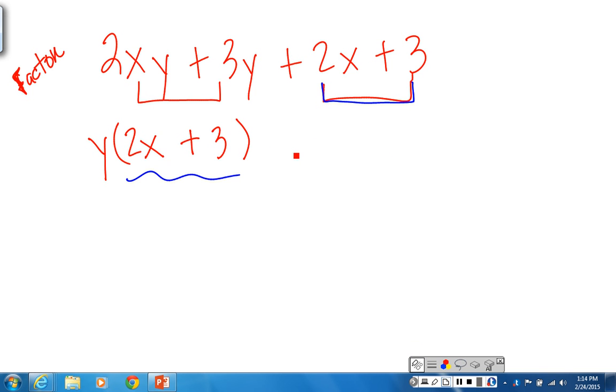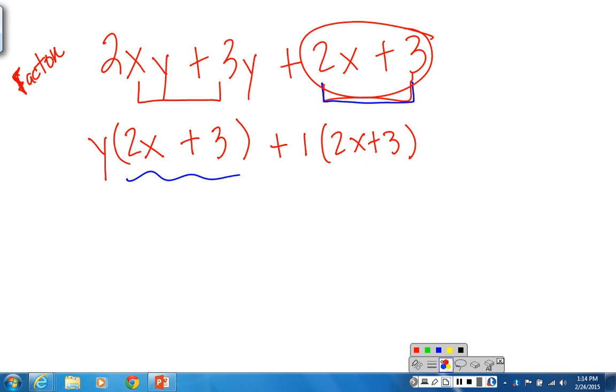And in order for it to be legal, the only thing we could pull out is 1 right here, because 1 times 2x plus 3 will give you back this part, right? If you put something here, it has to give you back the same thing as the previous line. So that's what we wanted. We wanted to have the same thing in the parentheses here, and because we do, that is our new GCF.